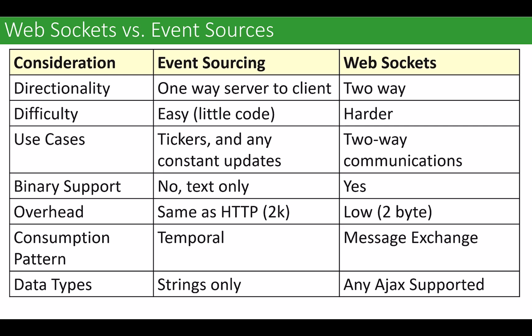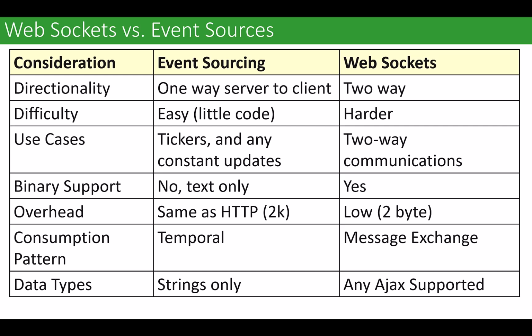WebSockets support binary, and they support complex data types, anything that Ajax fundamentally supports, which means anything that is a data type in JavaScript that is serializable, that has a serializer. And in theory, non-serializable types are supported if you write custom serializers and deserializers for your client. The client and the server just have to agree on what the serialization format is, or it doesn't work.